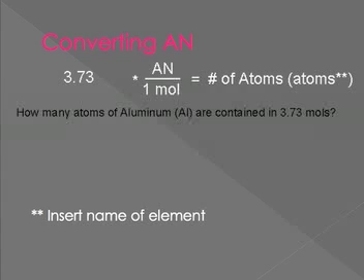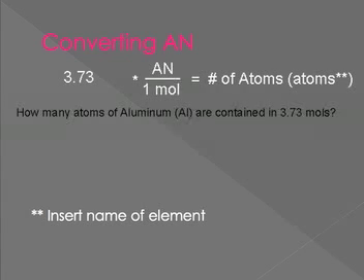The first formula, we're going to put in that 3.73 moles. When you're typing this in on a calculator, make sure to be careful about where you put your parentheses. And the easiest way to do that is between every sign, put a parentheses. Hopefully we can do a simulation of what the calculator would look like, if that is at all possible. If not, I can type that up and send that.